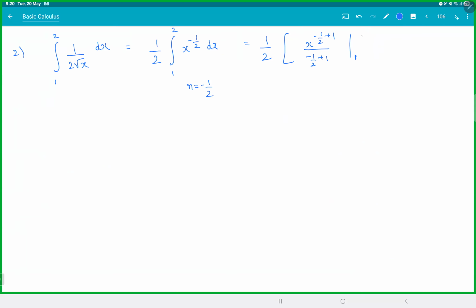Limits will go from 1 to 2. So this is half. The denominator is again half, so the 2 goes up, and that's root x. 2 will cancel. You'll end up with root 2 minus root 1. So root 2 minus 1. Check your answers. So that 2 and this 2 will cancel off.